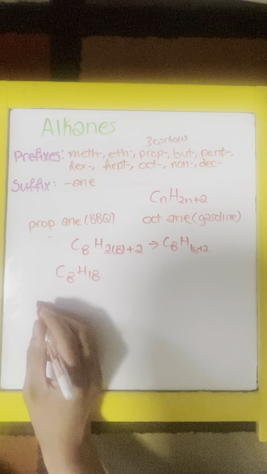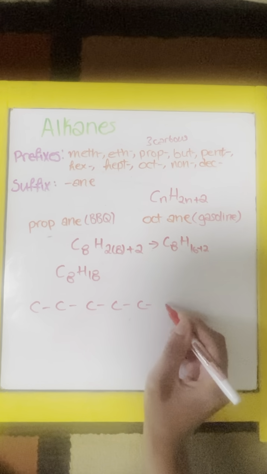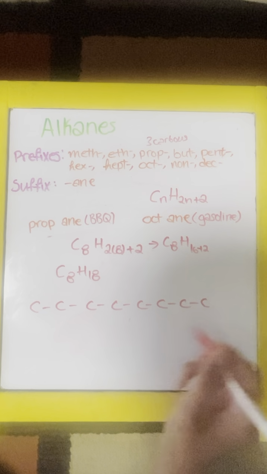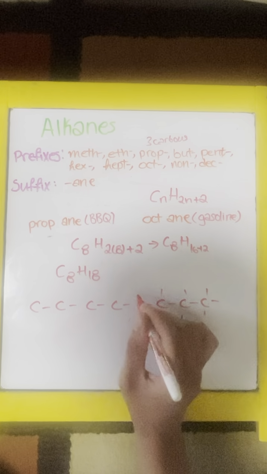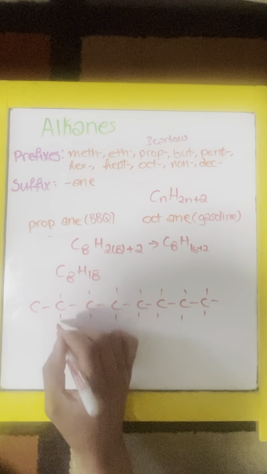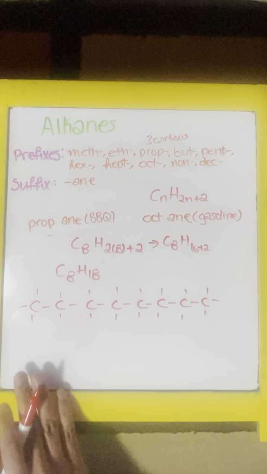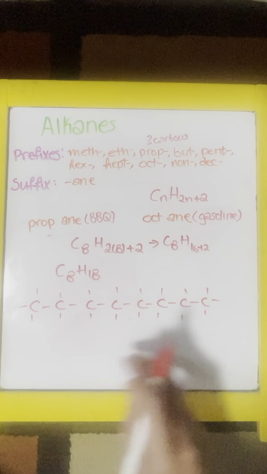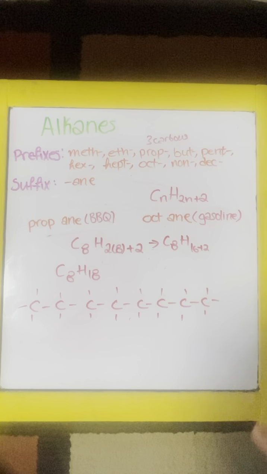Now what we'll do is we'll do the C's and fill in the blanks. I won't be putting the H's in because you don't really have to show the H's as long as you know they're there. The reason is that it is universally assumed that a blank spot in an organic molecule stands for an H.